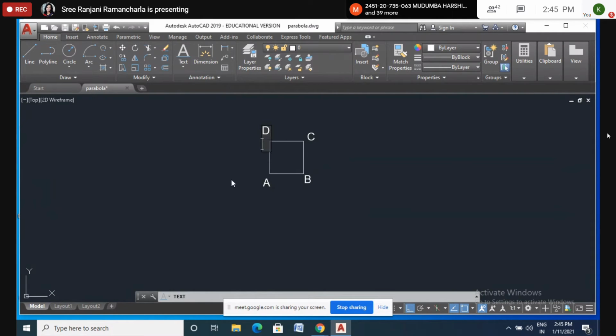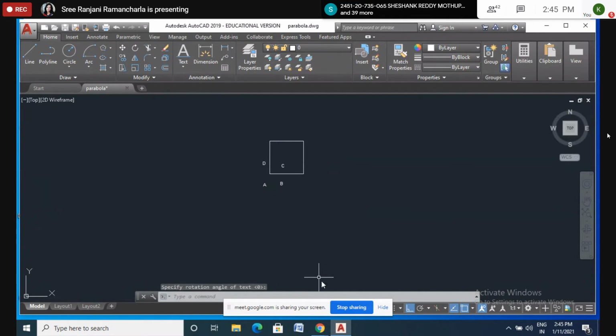Okay. Now similarly, we have to draw the involute of a square. How to draw? Just wait, something is going on.